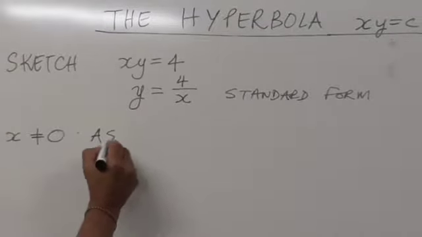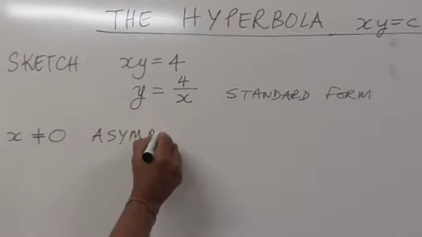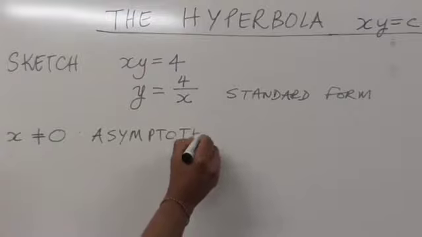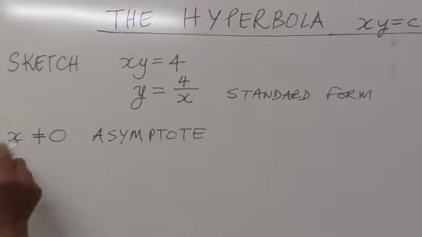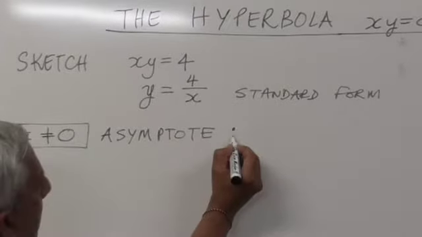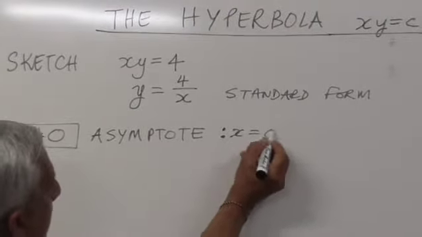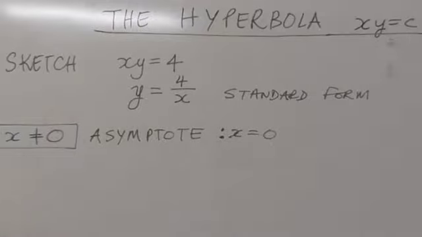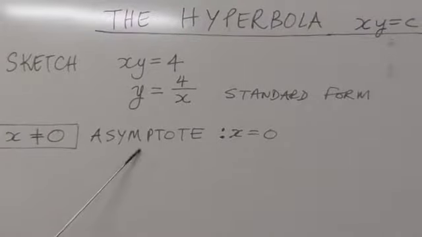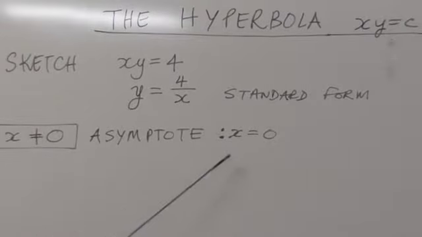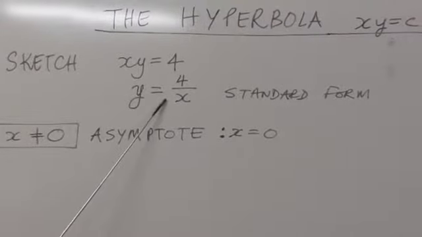Now let's explain what is an asymptote. So we cannot use the value x is equal to 0. Therefore, the asymptote will be x is equal to 0, because you cannot use that value 0. So asymptote is a value that you cannot use to draw this graph.